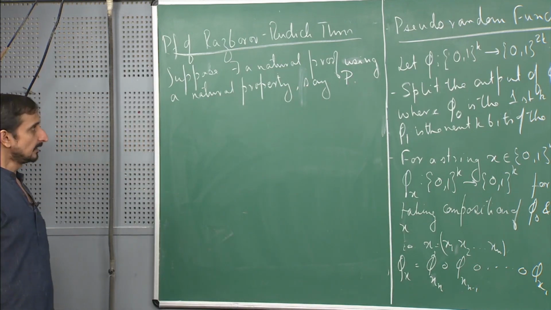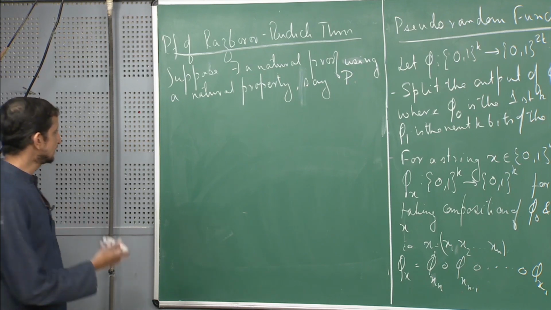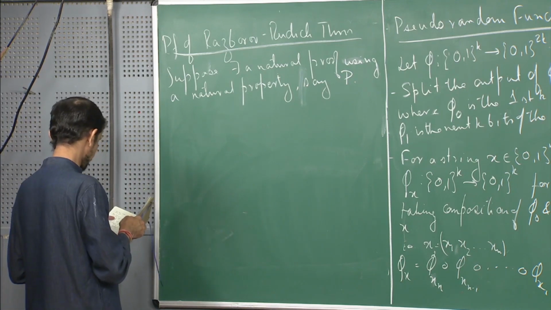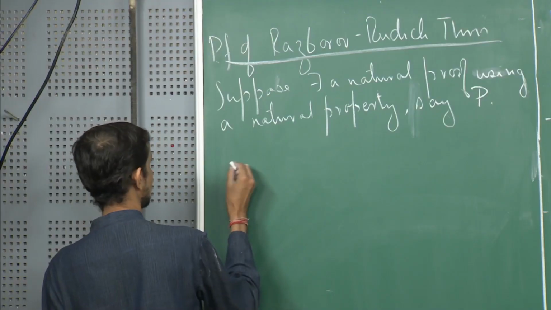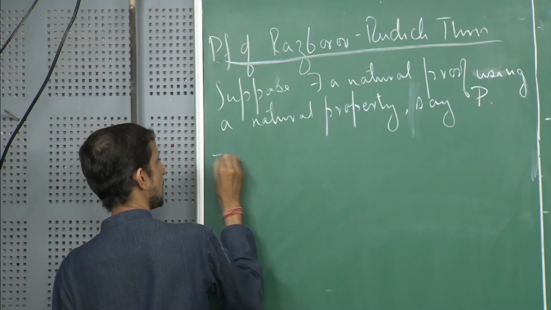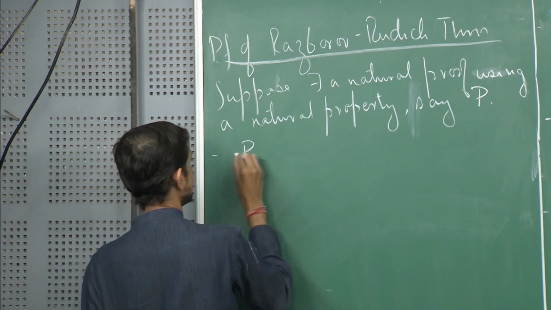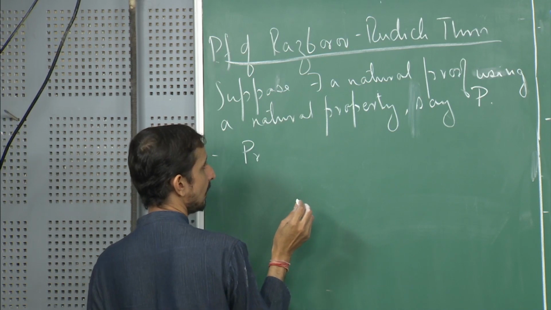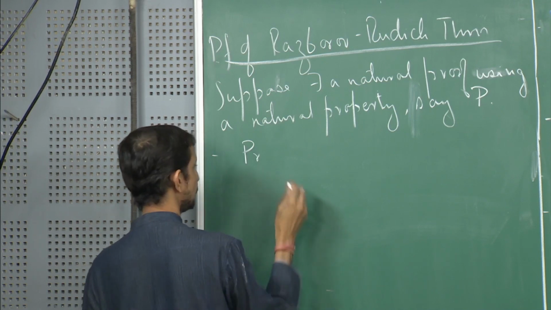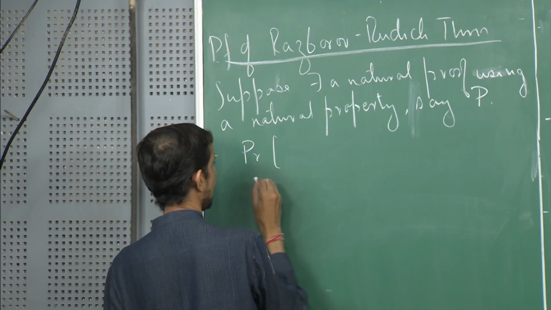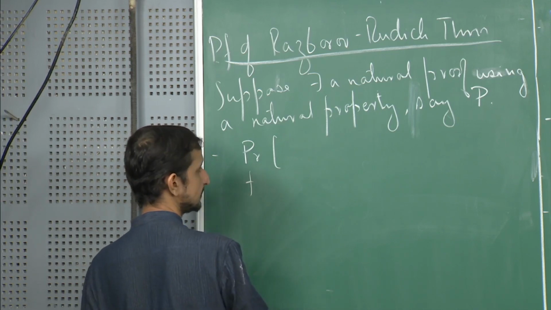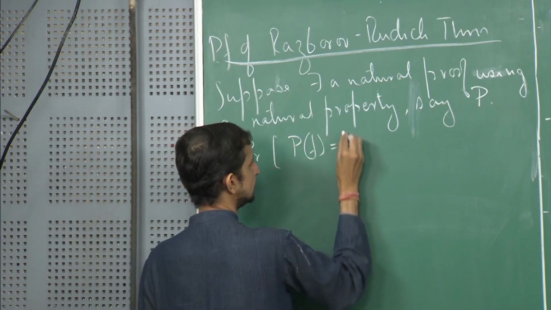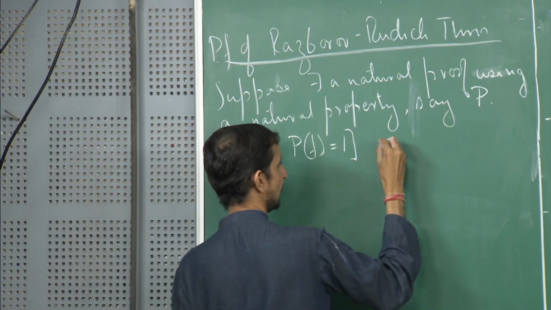So suppose there exists one. Now P is a natural property. What does it mean? So first of all, we'll use largeness. The probability that if I choose a random function f, P of f is equal to 1 is how much?